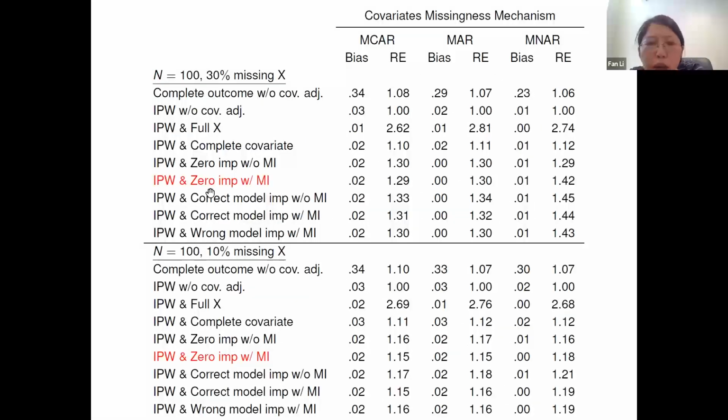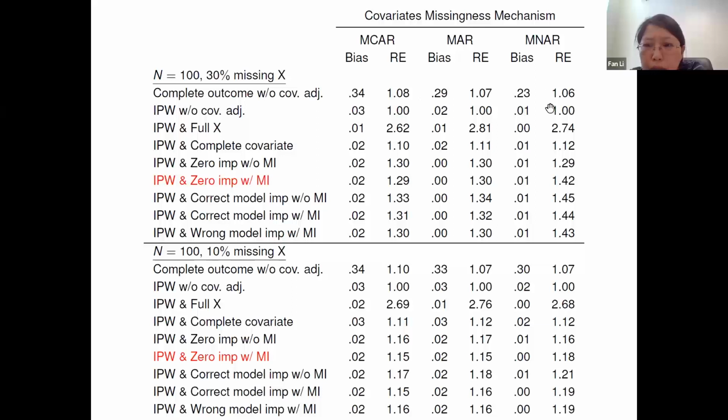I forgot. But the point is that 30% is just 30% again. So what we should look at here is RE, the so-called relative efficiency. Basically, the larger the number, the more efficiency gain you have.